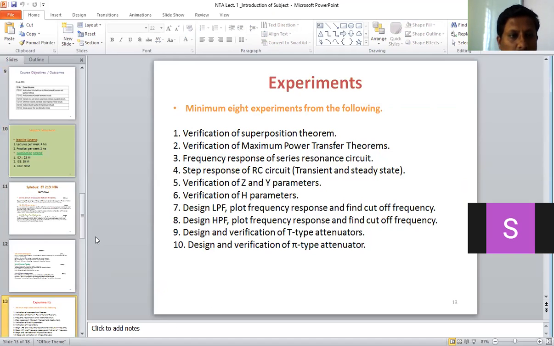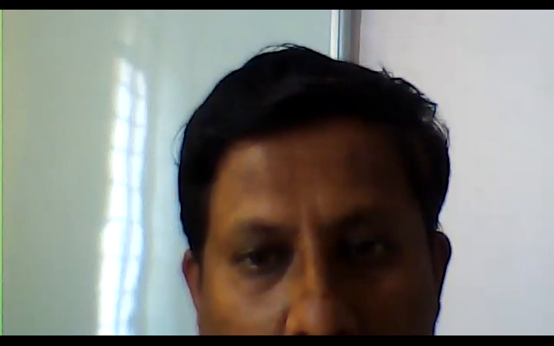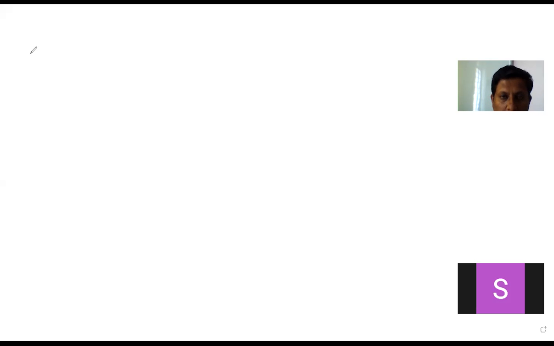So we are discussing unit number 2, that is resonance. We already discussed the syllabus, then course outcome, then recommended books.